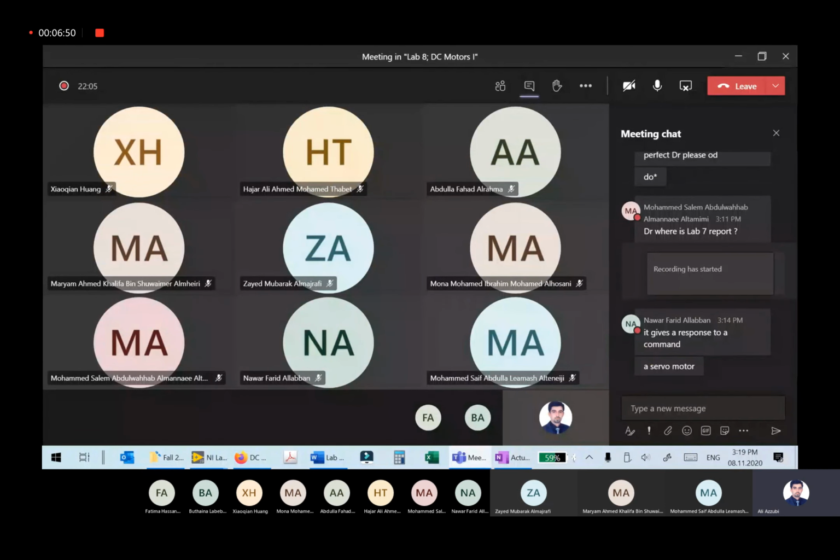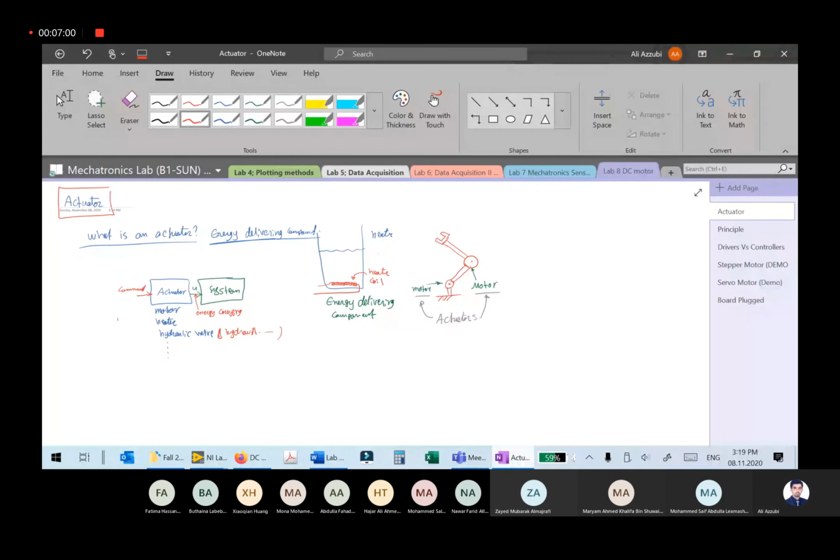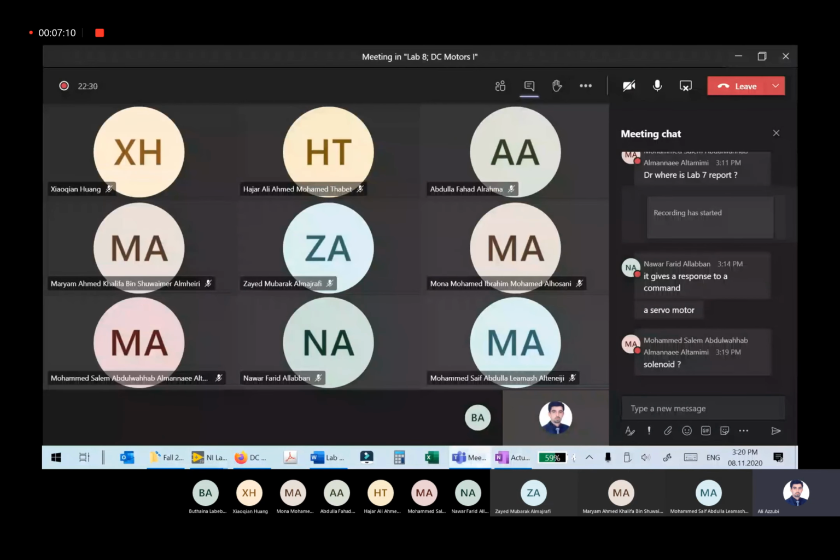By the way, we'll discuss servo motors today. What else do we have? Servo motor, where do you find a servo motor? You can find it in a lot of examples. Solenoid, yeah, a solenoid is an actuator. True.